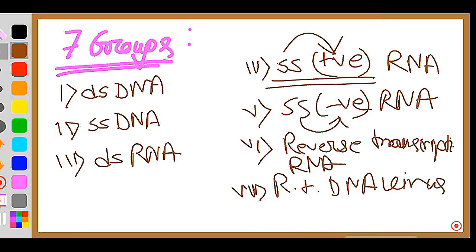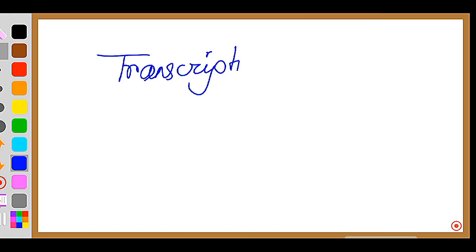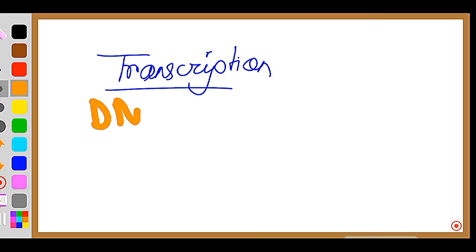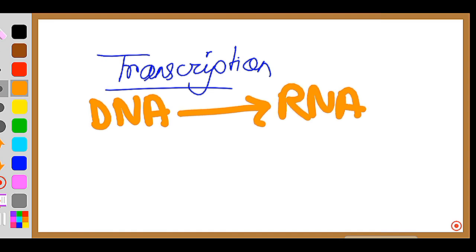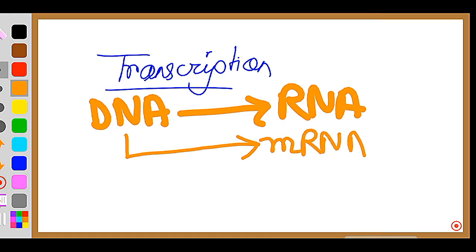Now please tell me, what is transcription? Transcription means the formation of RNA from DNA. So we can also say the formation of mRNA from DNA, that is known as transcription.